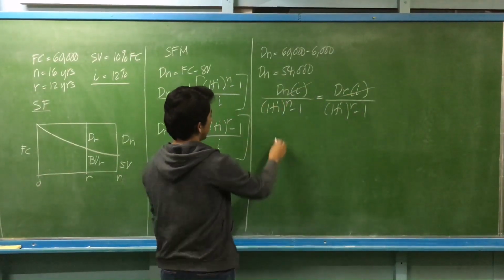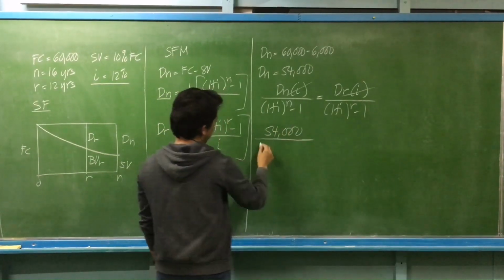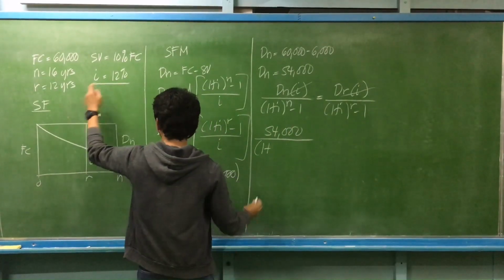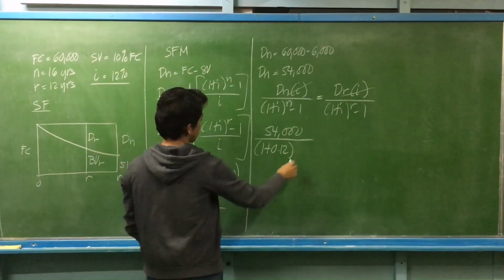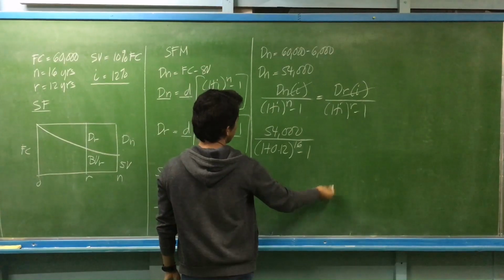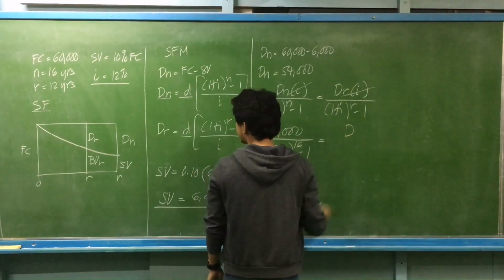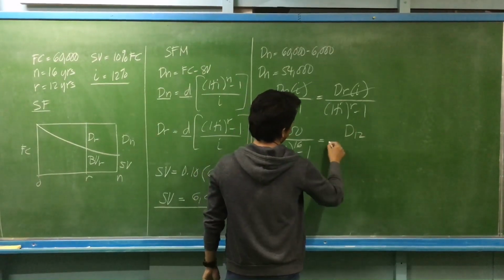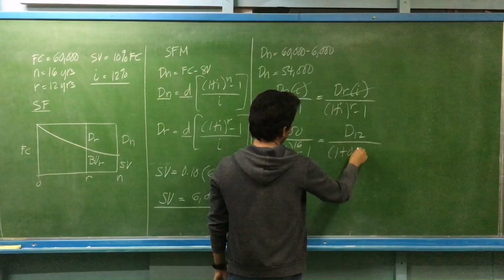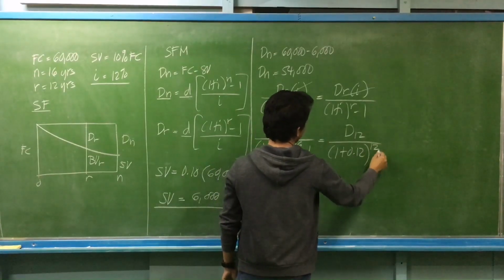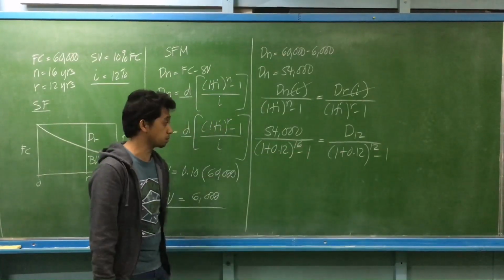What is our D sub n? This is 54,000 divided by 1 plus, ano yung rate? 0.12. Ilang taon? That is 16 years. Minus 1 is equal to, ano yung ating D sub r? Yung hinahanap natin, that is D at 12. Divided by 1 plus I, that is 0.12 raised to 12 minus 1. So, pareho lang yung denominator, mag-iba lang yung exponent.